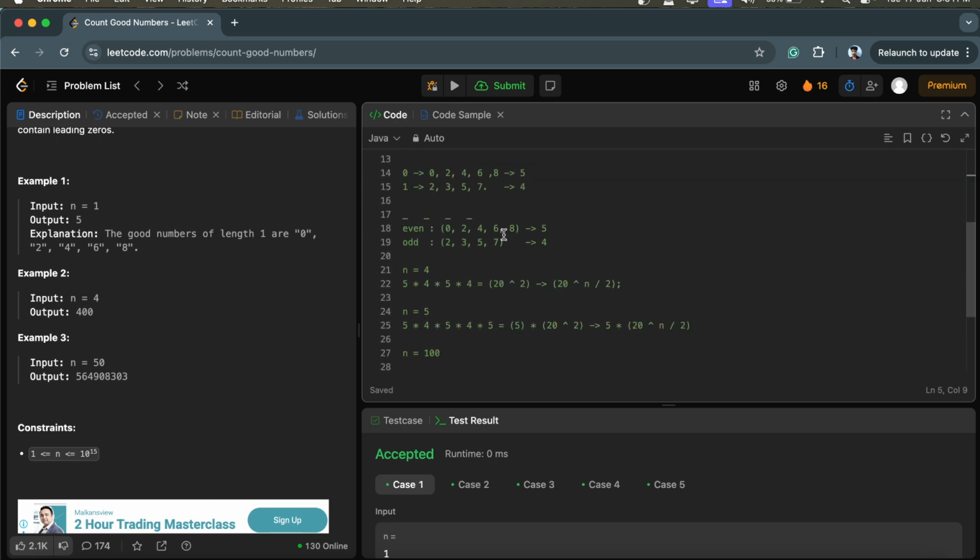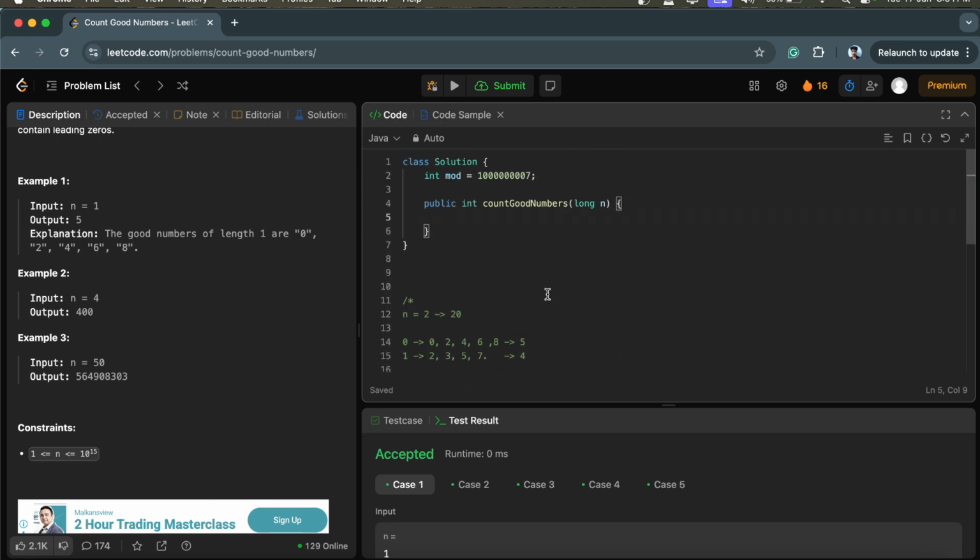Let us try to solve this code, and first we will create a result. We will check whether this n is even or odd. To check that, we can either use modulo, or we can do n AND 1. I already explained that in previous videos.